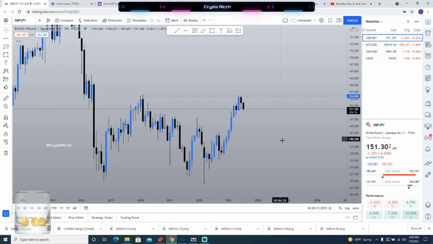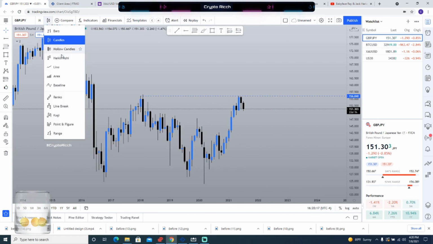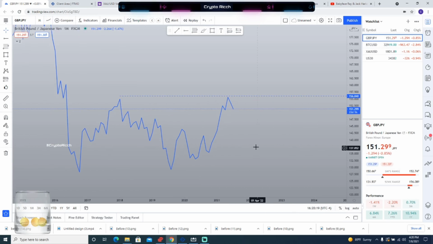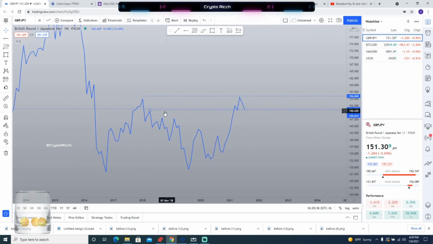And the easy way to look at where the closings are, since the candles sometimes can be a little confusing, is you can use a line. As you can see, another key level that's relevant would be in this area right here, because it found support and resistance. This is a relevant area.